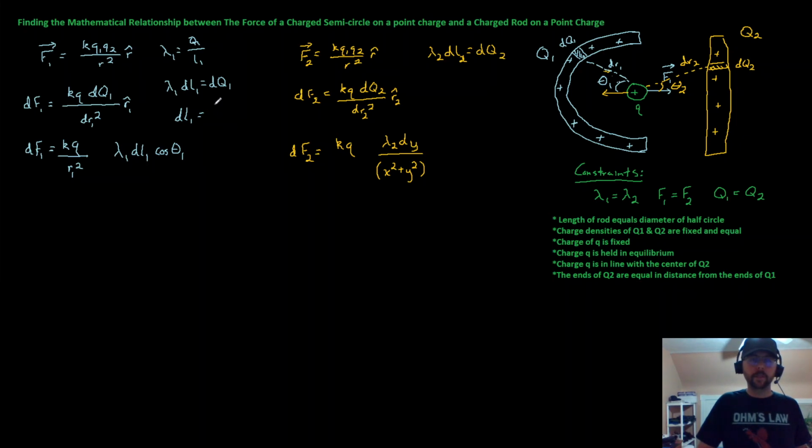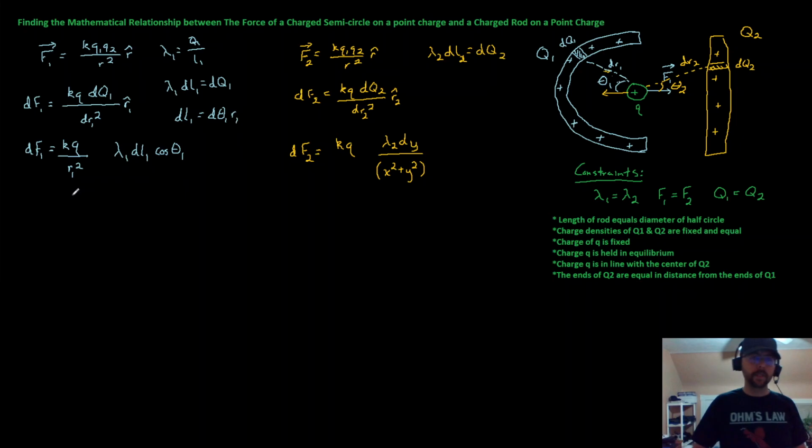I think it's theta times R. That's what it is. Let me double check that. So yeah, R d theta. The thing that's infinitesimal right now is theta, so it takes over the d. So d theta times r sub 1.